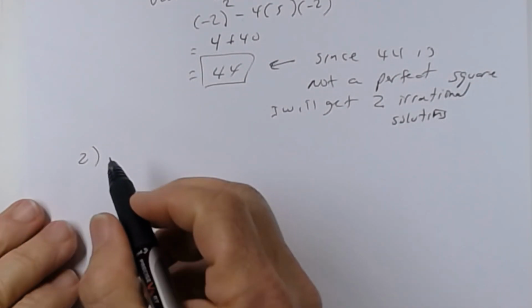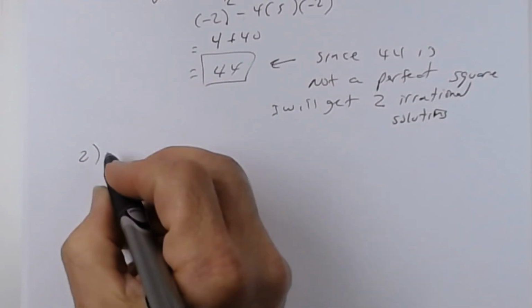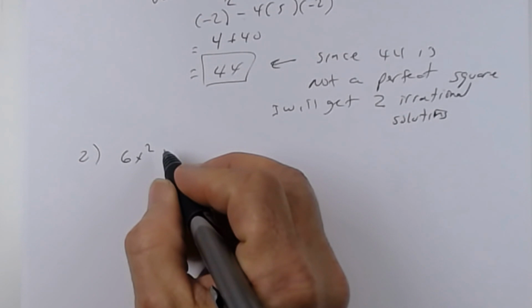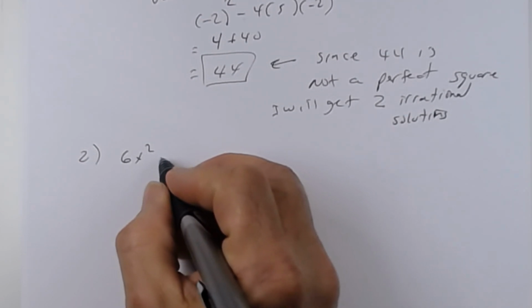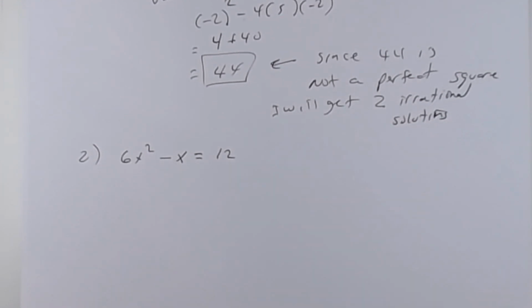All right, let's look at this one. Okay, so let's suppose we had 6x squared minus x equal 12.